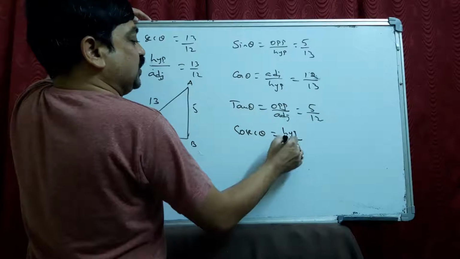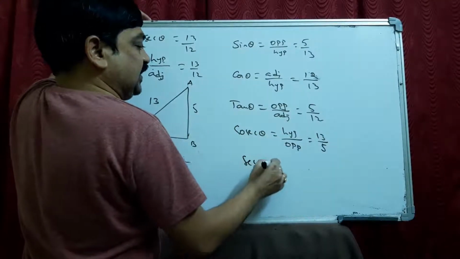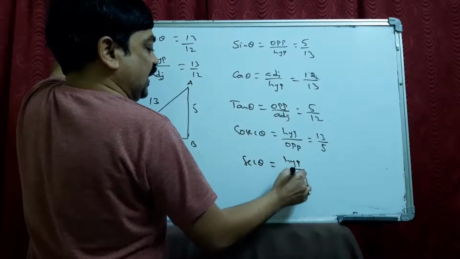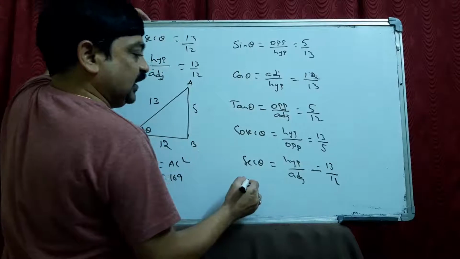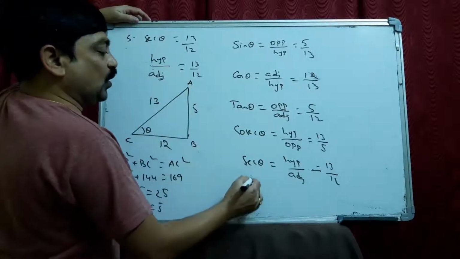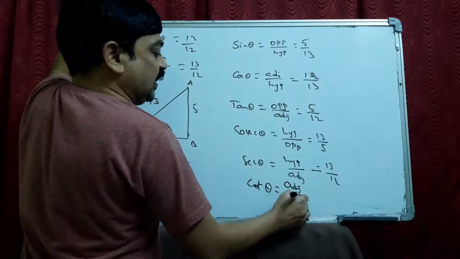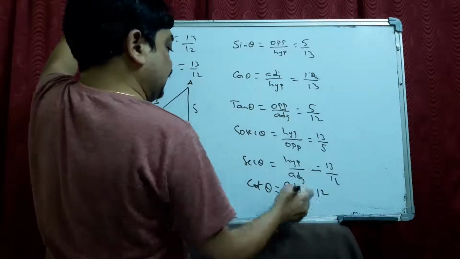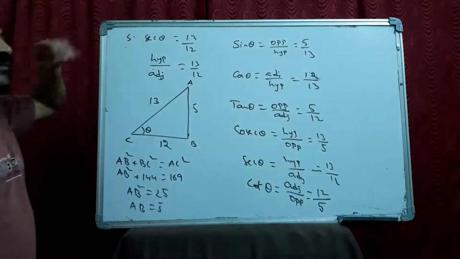Hypotenuse by opposite. 13 by 5. Secant theta. Hypotenuse by adjacent. 13 by 12. Secant it is over already. Cot theta. Adjacent by opposite. Adjacent to whom? Theta. Theta is here, 12 by opposite is 5. 12 by 5. Right?